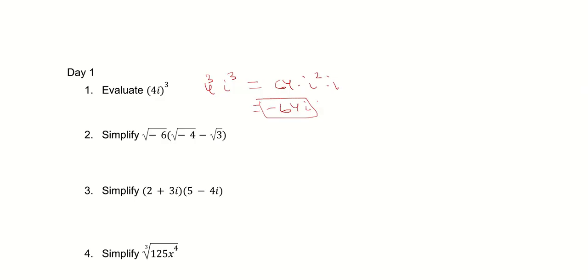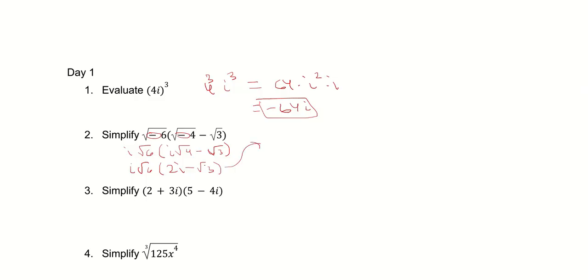For the second one, notice that we have square roots of negatives. That negative can come outside as an i. And so now we can simplify this. So we have i squared. Well, actually, before we do that, let's simplify. i root 4 is just 2i.